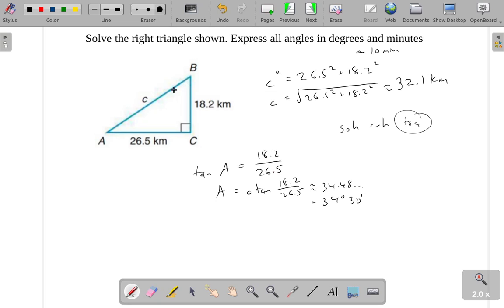Okay, that's angle A. For angle B, I suppose I could use angle A to find angle B, but I don't necessarily have to. I could do the same sort of thing. If I know this one, I could use my opposite and my adjacent sides. I know that the tangent of B is going to be 26.5 divided by 18.2.